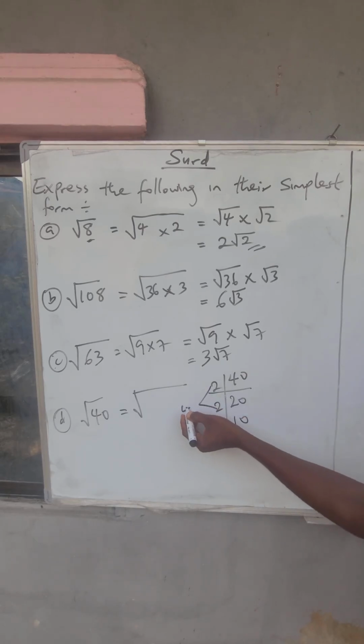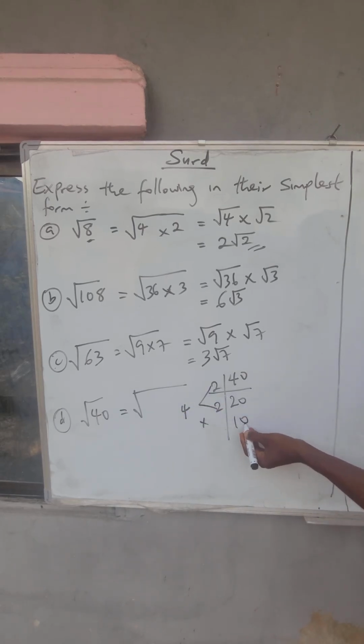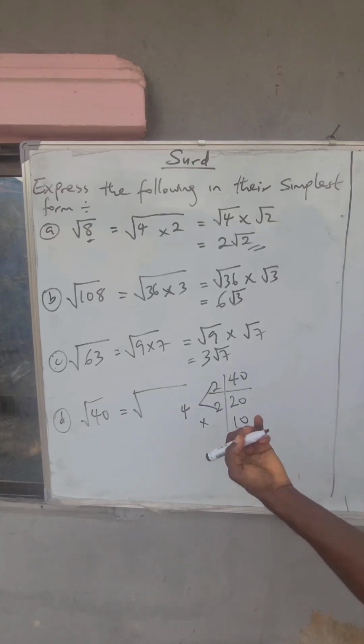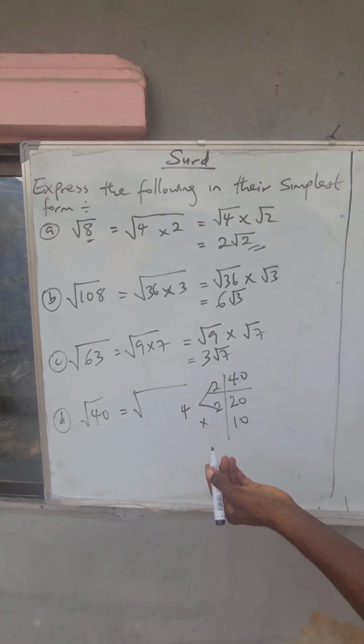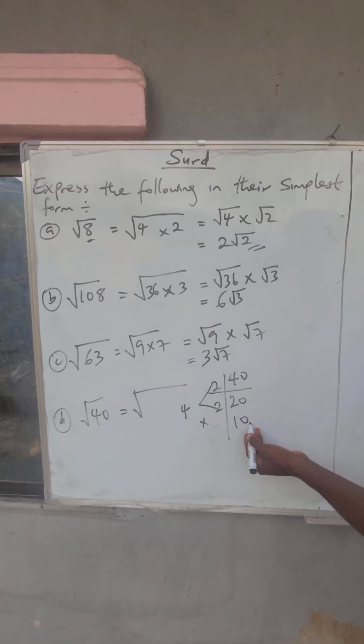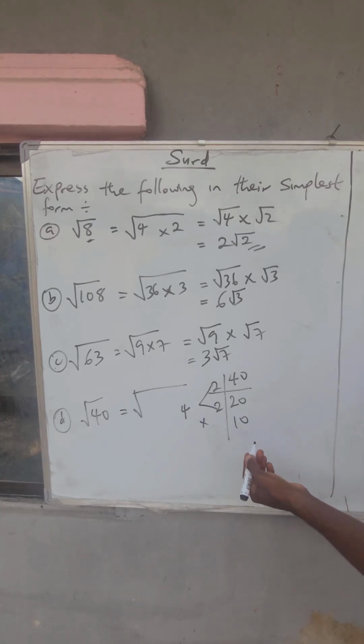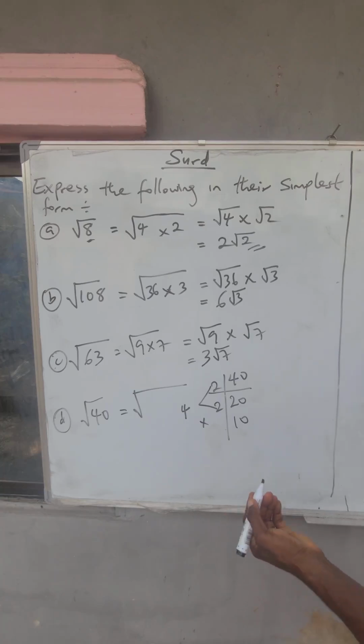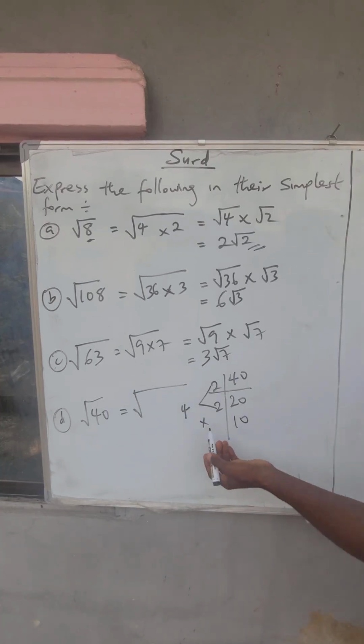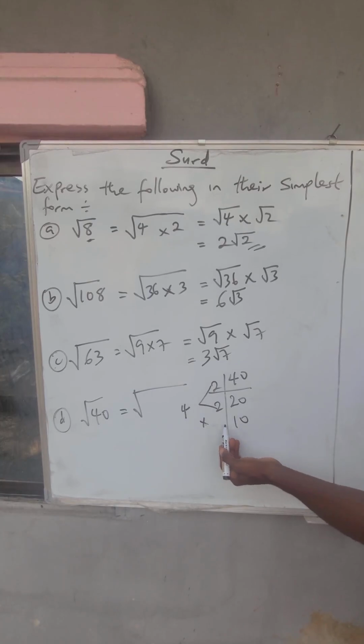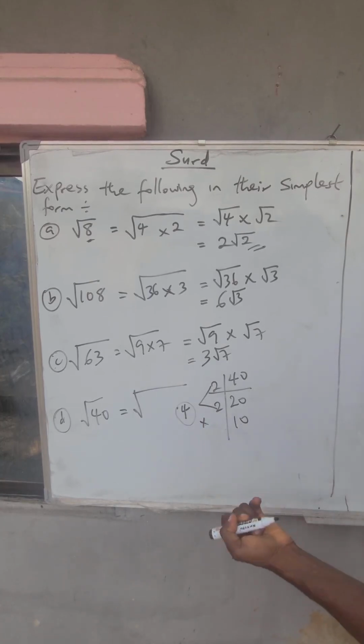If you multiply, you have 4, and 4 times 10 gives you 40. If you break this down further, you have 2 times 5, and none of them is a perfect square. So therefore we have 4 times 10, such that 4 is a perfect square.